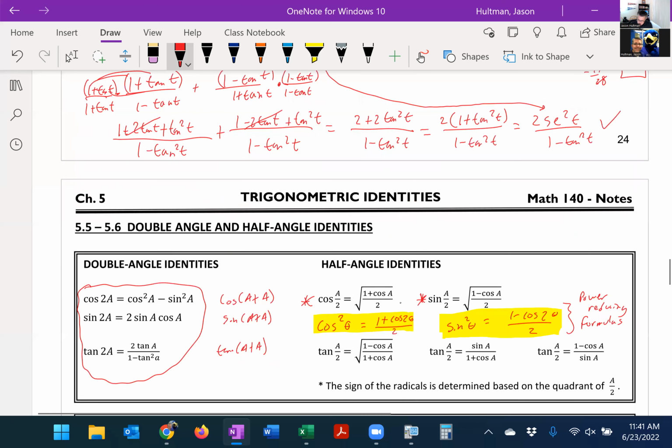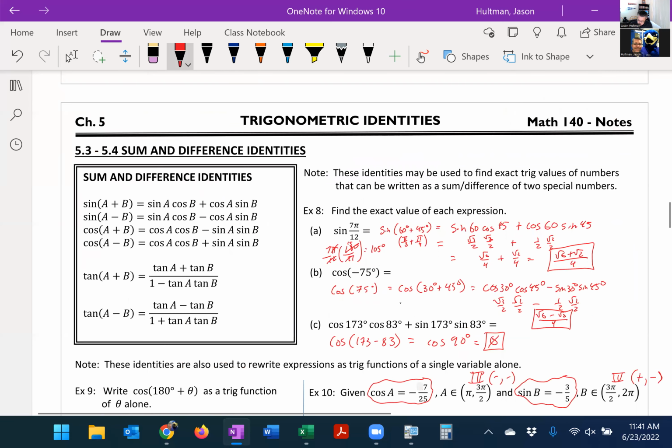If we scroll up here to the sum and difference identities, notice that if I have sine of A plus B, that equals sine A cosine B plus cosine A sine B. However, if I were to replace that B with an A, I would just get two A's. And so that's how these formulas are derived: if I take sine A cosine A plus cosine A sine A, well, that's just two of the same thing.